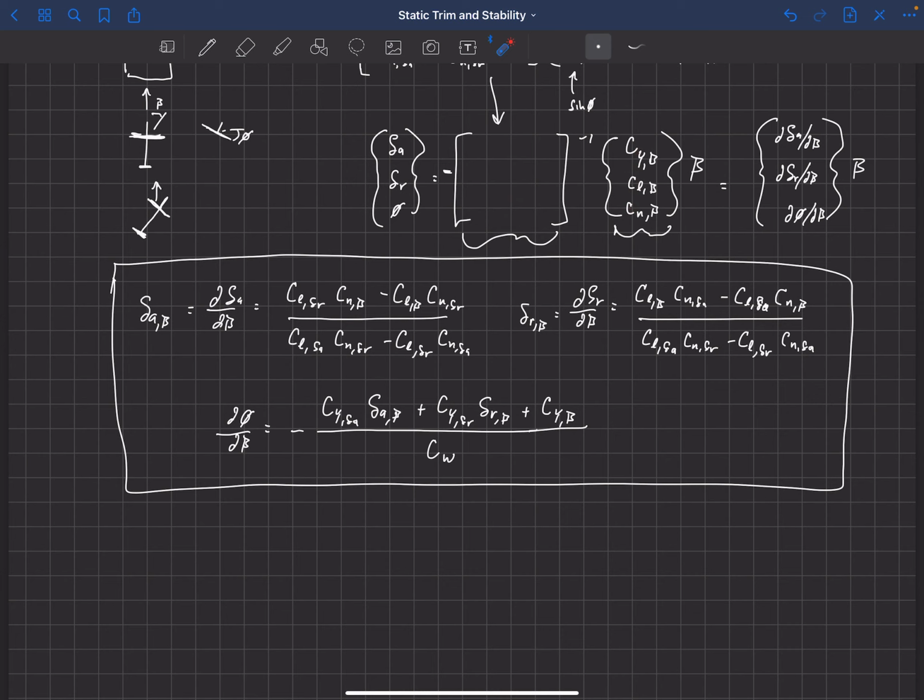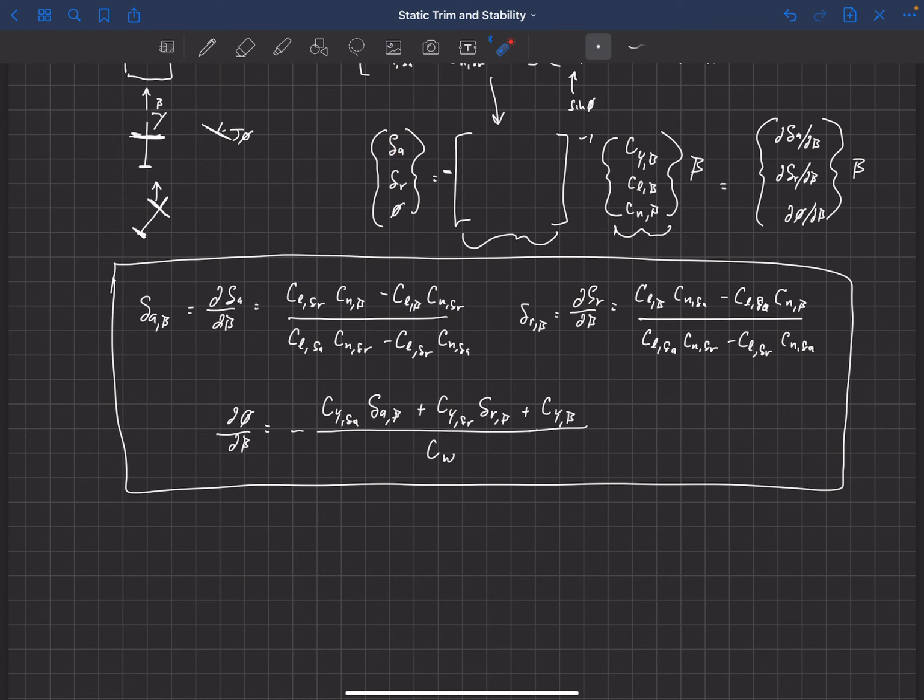So, for example, once we plug in these values and we get some number for the change in aileron with respect to beta, change in rudder with respect to beta, and change in phi with respect to beta, let's say that this term comes out to be 1.5. What that means is I'm going to take my side slip angle beta and multiply it by 1.5, and that's how many degrees of deflection, if beta was in degrees, I'm going to need on the aileron to trim out the aircraft.